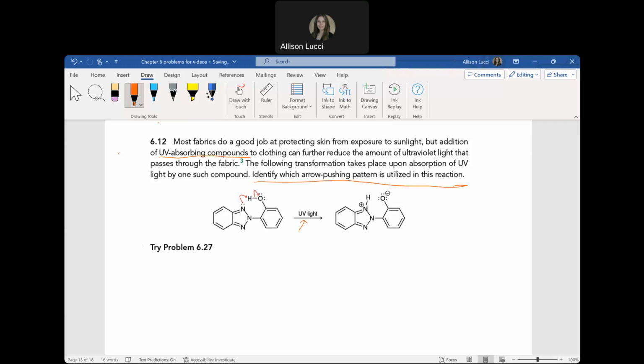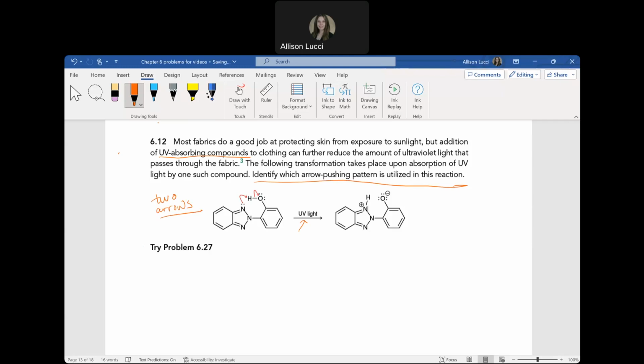So we see here in 6.12, the curved arrow indicates a proton transfer. We see two arrows, so that's our first indication that it could be a proton transfer, because there are always two arrows shown, at least with a proton transfer.